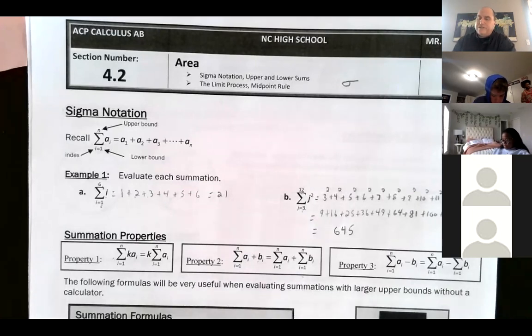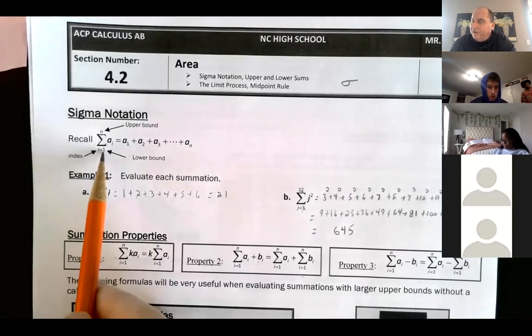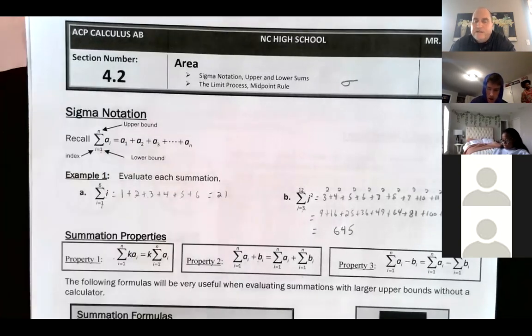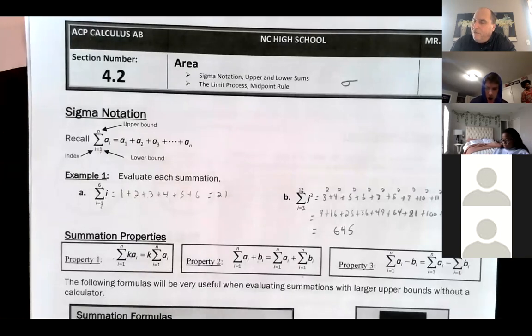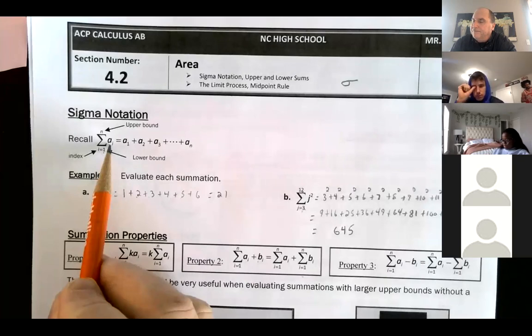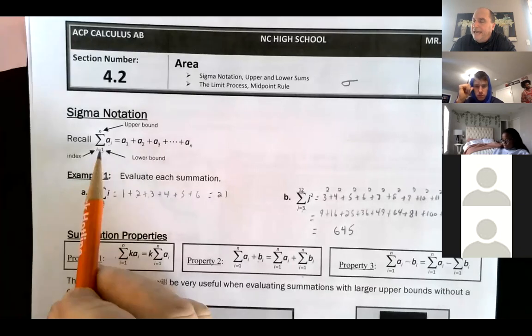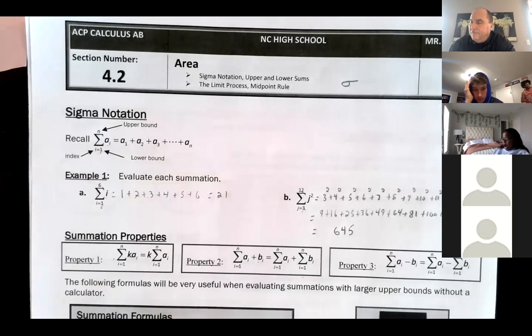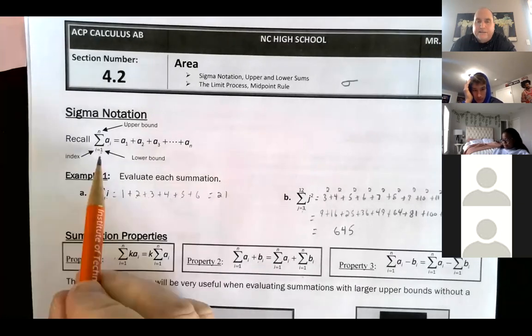So the way this works is this number on the bottom is my starting point. We call it a lower boundary. The number on top is my ending point. It's my upper boundary. And what we do is we start with this lower boundary. We plug it into our formula for whatever the variable is, and we keep going in increments of 1 until we get to n. This doesn't always have to start at 1.